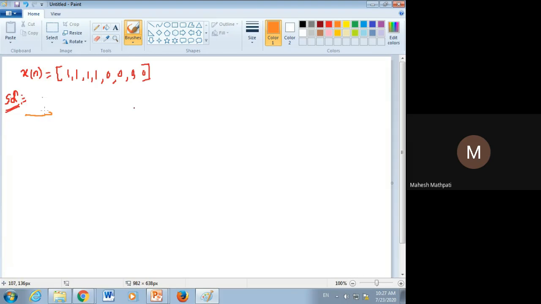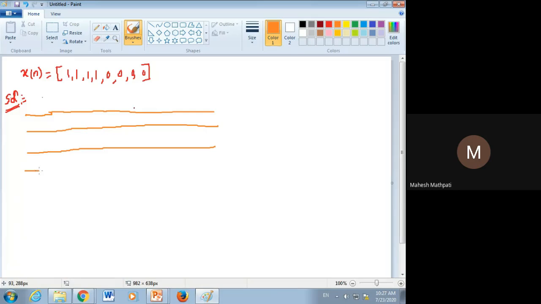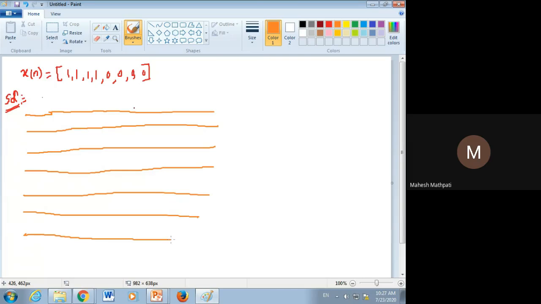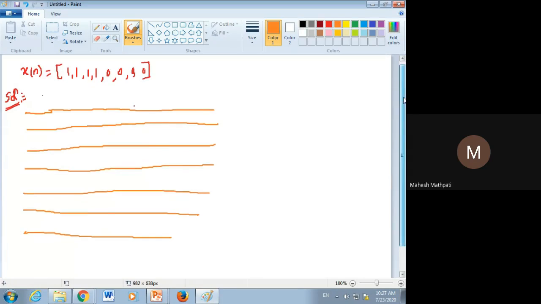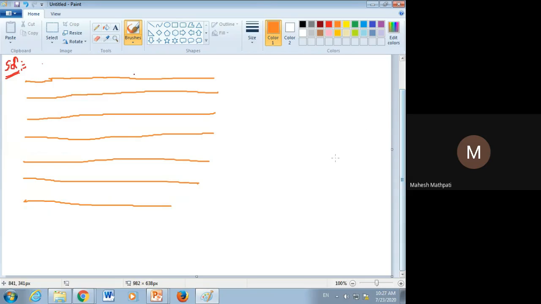First line: 1, 2, 3, 4, 5, 6, 7, and the last one is 8. So we have to remember this diagram now, okay?